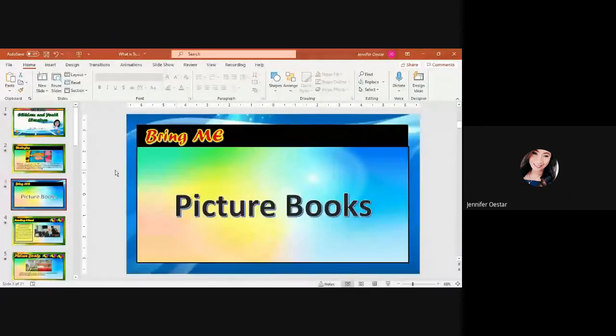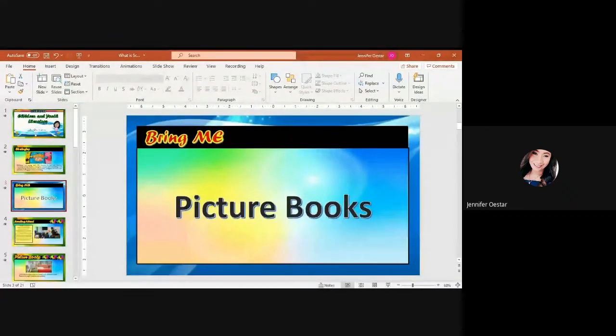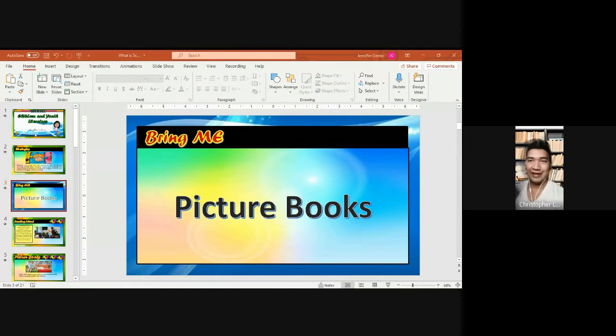You can open your cam and then show me the object that I'm looking for. Anyone? Then I will tell if that is accepted or not, because we have different definitions of a picture book. The first 5 to bring me a picture book.